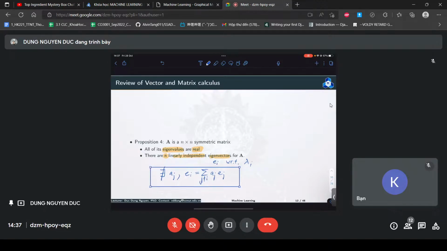This says if for some reason you are trying to have Ei to be a linear combination of other eigenvectors, then there is no way for you to compute those weights Aj. It cannot be, right? So this is why we say those eigenvectors are linearly independent. And it's related a lot in the theory of matrix calculus, and it's very useful for us in the long run. So keep that in mind, okay?